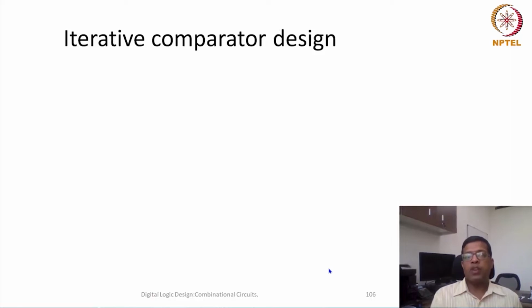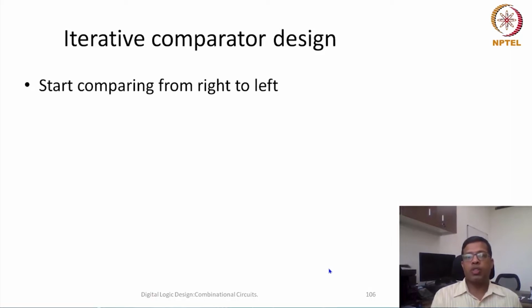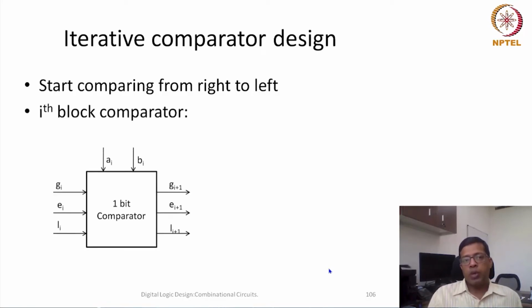So in the iterative comparator design, actually we can do it either way, right to left or left to right, but for illustration what I'm doing right now is right to left, so basically from the LSB to MSB side. In this LSB to MSB direction, the ith block or ith comparator would have some inputs.